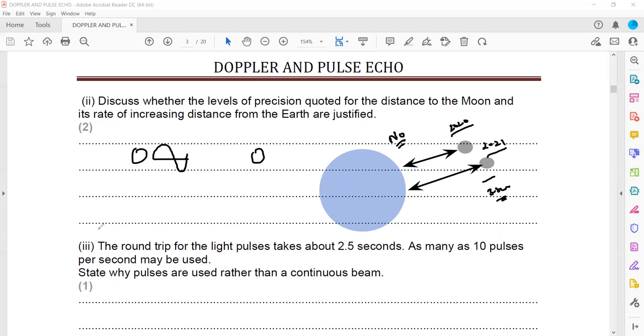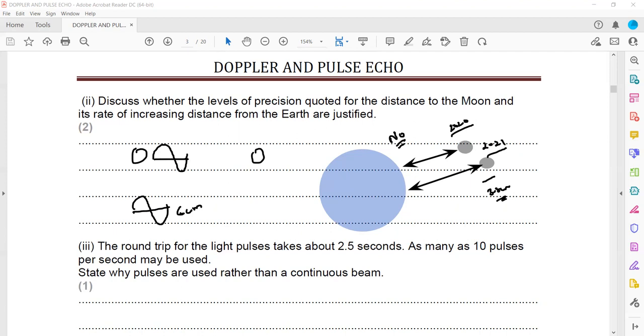But the pulse which we are using is 6 centimeter. So a 6 centimeter pulse cannot accurately determine the change of 3.8 centimeters. So that's why it won't be accurate. So you can compare in terms of pulse length. If the pulse length is longer than the distance change, it won't be accurate.